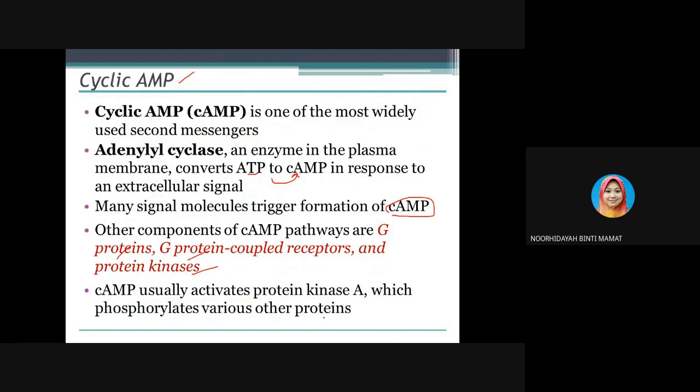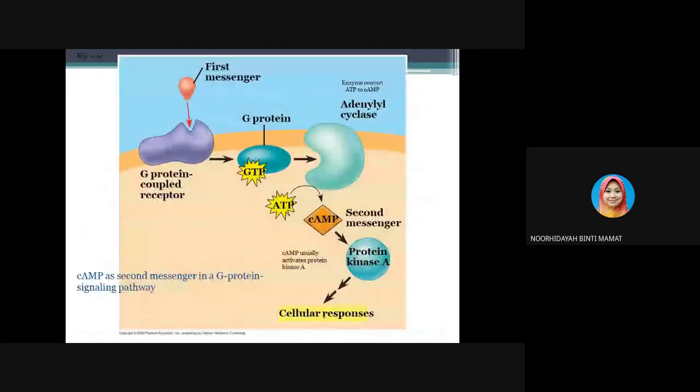So this is how the process looks. This is cAMP as the second messenger in the G protein signaling pathway. Okay, so this is the first messenger. We are talking about the molecule, or the ligand, that binds to the receptor. Then it will activate the G protein.